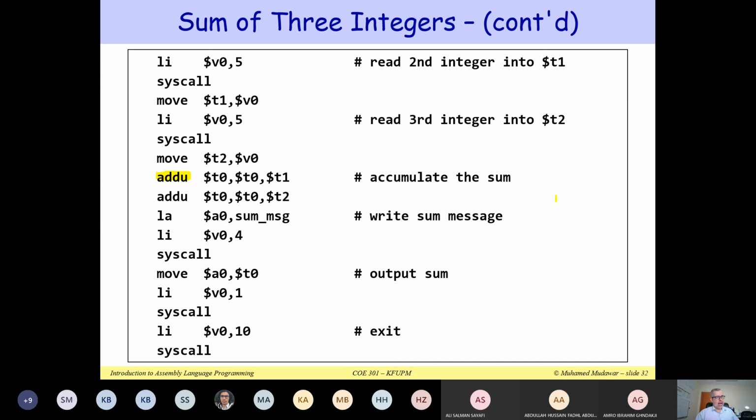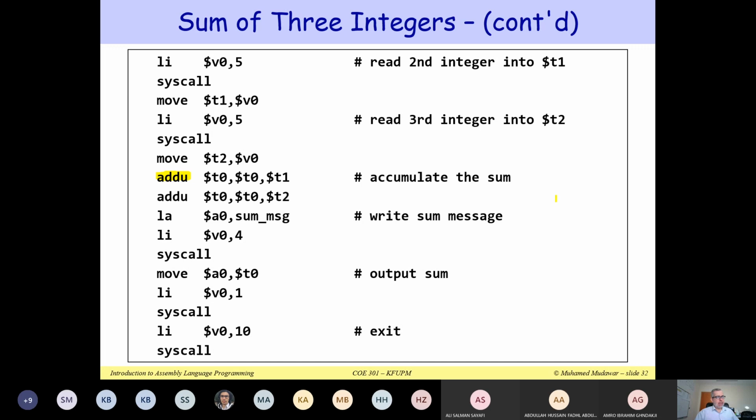So here I would like to add these two integers, but I would like also to ignore overflow. What I said one minute earlier is that ADDU can be used to add unsigned integers. It can also be used to add signed integers. But really the difference is that it's going to ignore overflow. I will talk more about it, inshallah, next week, when I talk about the arithmetic instructions.